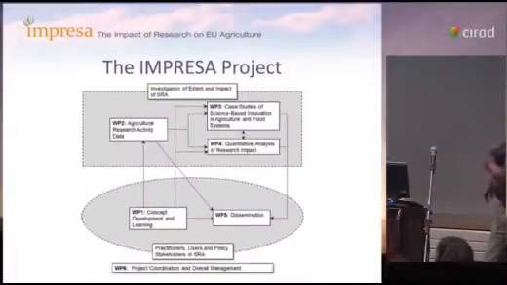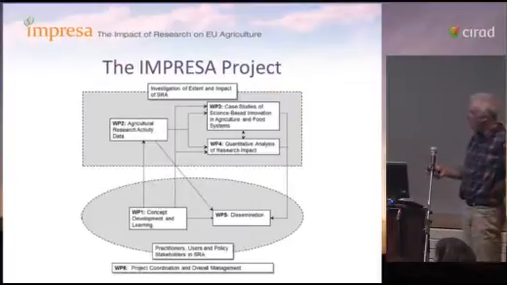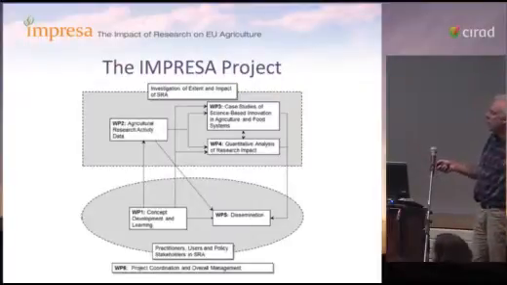I hope you can, maybe you can't see this, but it's also from the proposal, it's the workflow diagram. It shows the interrelationship between the different work packages. What I'm going to concentrate on is this part here, the case studies of science-based innovation in agriculture and food systems.